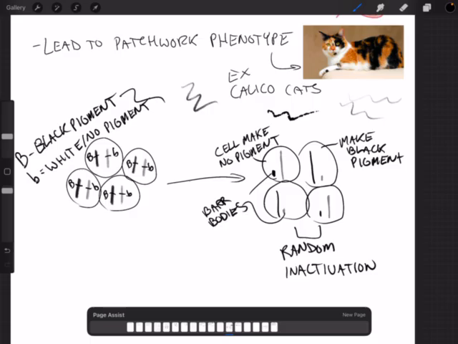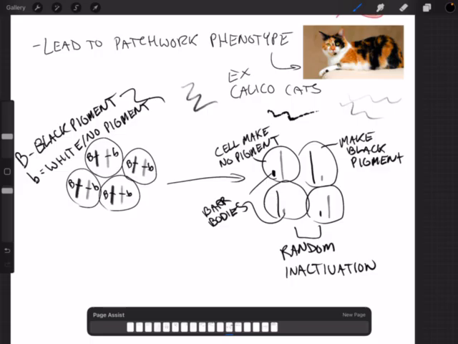So we start out with a chromosome that will make black pigment and one that will make no pigment. We've randomly turned off one of those 2 chromosomes, leaving us with either only the black dominant allele or the white recessive allele. This randomness means that the cells that happen to turn off the white chromosome will be black, and the cells that happen to turn off the black chromosome will be white.